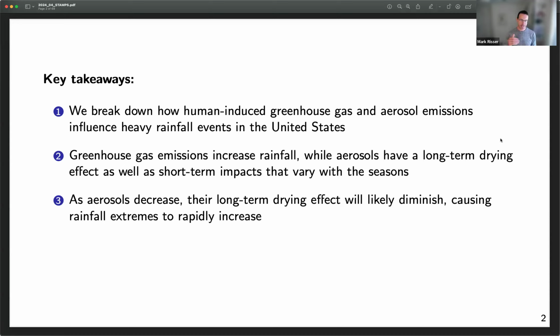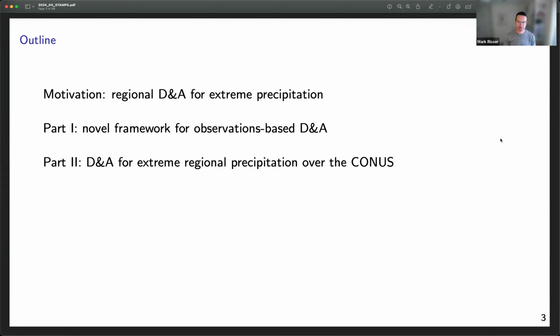Our results also show that as aerosol emissions locally here in the US decrease, as they have been doing quite rapidly over the last 50 to 70 years, this long-term drying effect is going to be going away, which might cause these rainfall extremes to increase much more quickly than we would have otherwise expected. So those are the headline messages. I'll try to communicate those over the next 30, 40 minutes here.